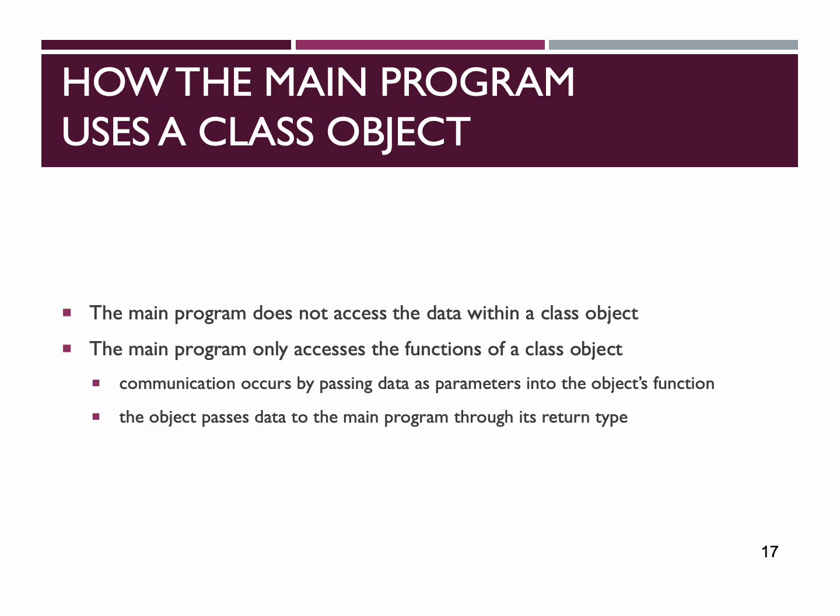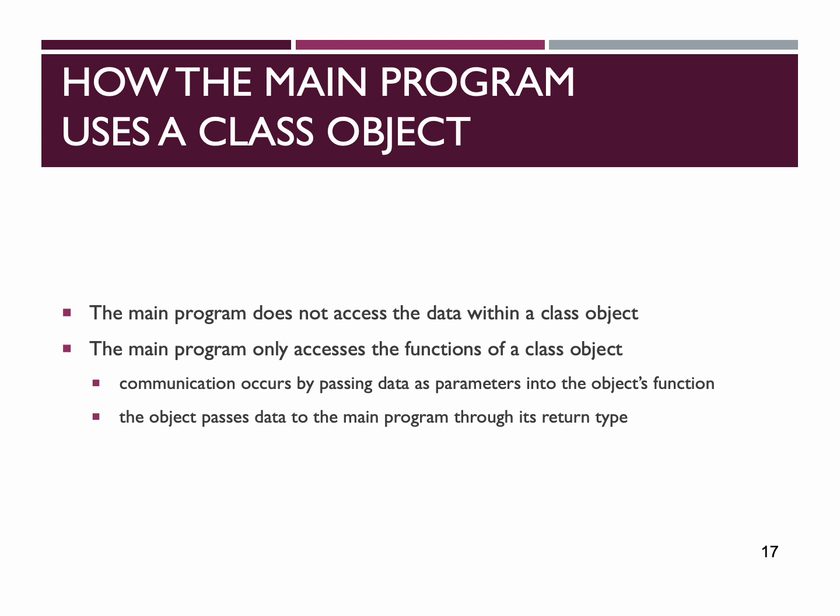Okay, so how does the main program use a class object? One of the key principles in object-oriented programming is encapsulation. The main program, which is the overall structure controlling the flow of the software, does not directly access the data within a class object. This is because the data is encapsulated or hidden inside the object, safeguarding it from unintended modifications.